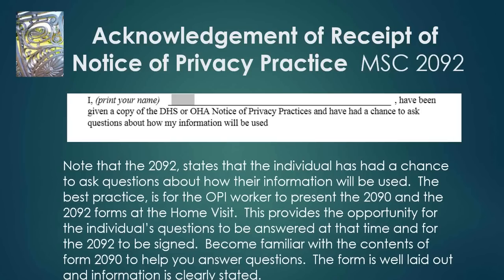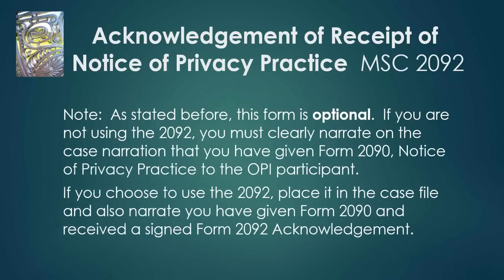If you do not use the Acknowledgement of Receipt of Notice of Privacy Practice, then what I'm recommending to you is that you clearly narrate in the case narration that you have given the individual the Form 2090 privacy practice, because that narration becomes your documentation that you've actually given this to them, since we're not using the 2092 signed form.